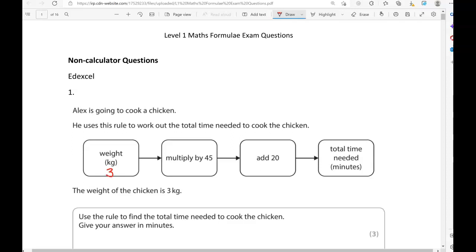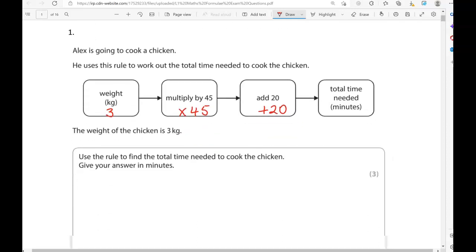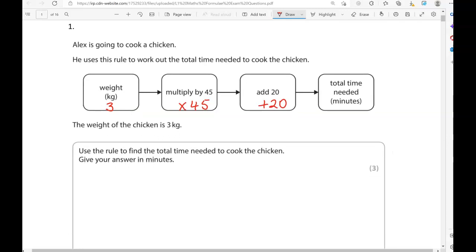We're going to multiply that by 45 and then we're going to add 20 to the answer to get the total time in minutes. So the first step will be to work out 3 times 45 or 45 times 3. So 3 times 5 is 15.